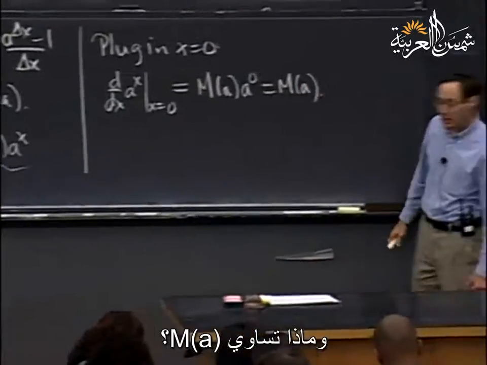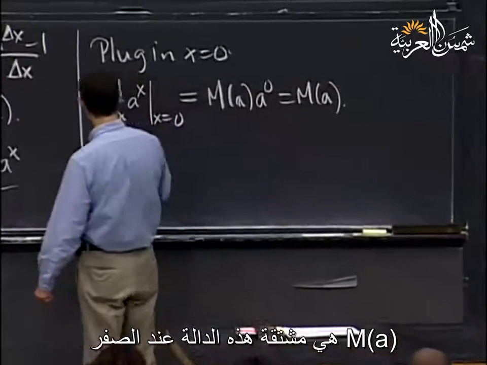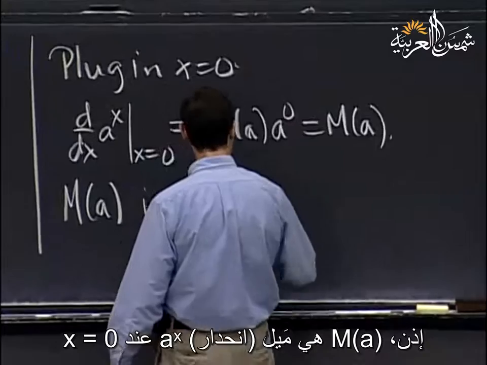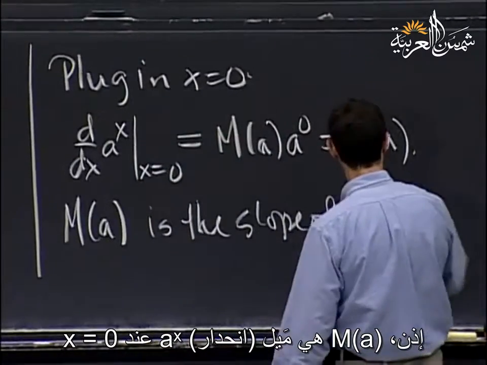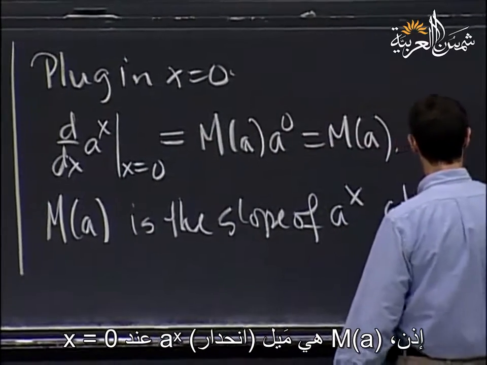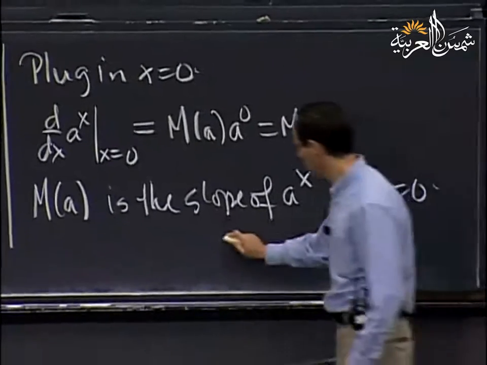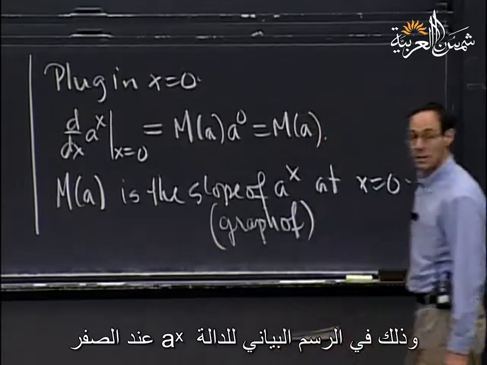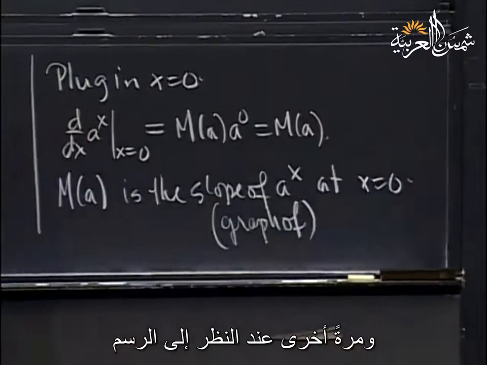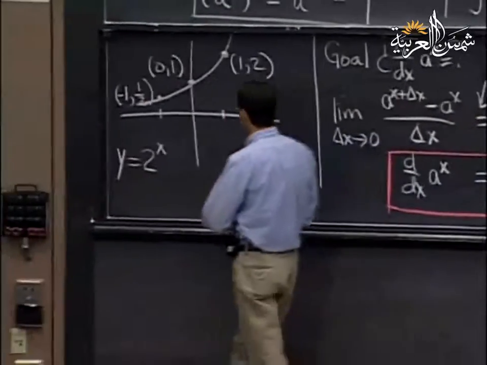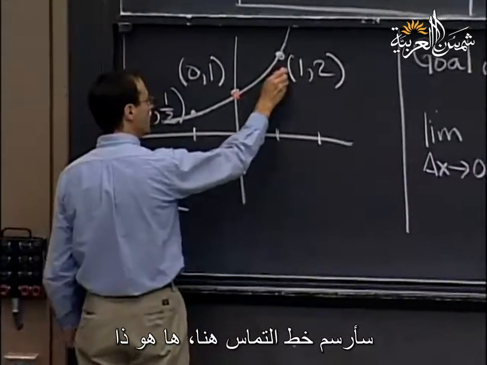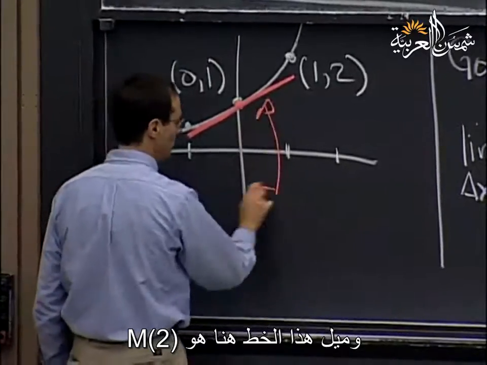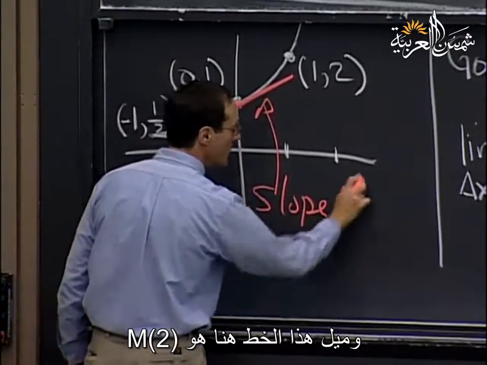So what is m of a? m of a is the derivative of this function at 0, so m of a is the slope of the graph of a to the x at 0. Over here, if you looked at the picture, I'll draw the one tangent line in here, which is this one here. And this thing has slope, what we're calling m of 2.